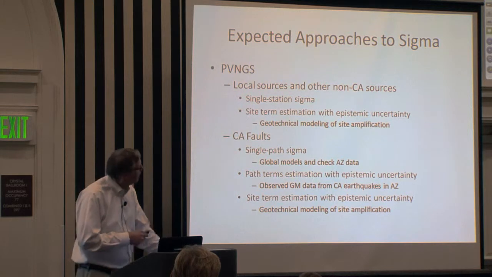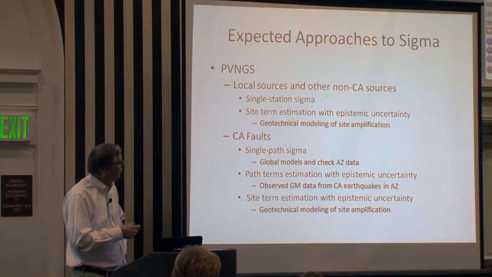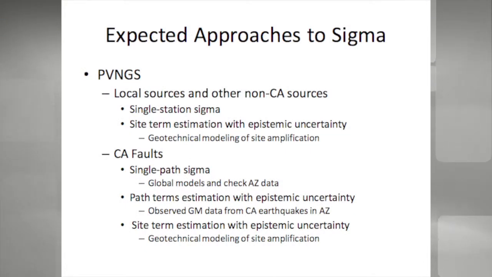So the expected approaches for sigma for Palo Verde is we're going for local sources. We're going to be looking at the non-California sources, not those two paths. Single station sigmas with the site term and its epistemic uncertainty estimated with geotechnical modeling of the site amplification. So they don't have recordings on site at Palo Verde to pull out an empirical estimate of the site effect.